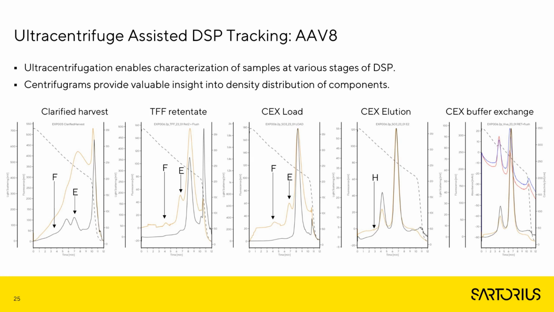And when we do the TFF and then further clarifications, the virus peaks are starting to be more visible, although we, for example, still see some components that are much more prevalent in the sample, and that they are, for example, concentrated with TFF. And later we see what we are actually removing, for example, with cation exchange capture and elution.